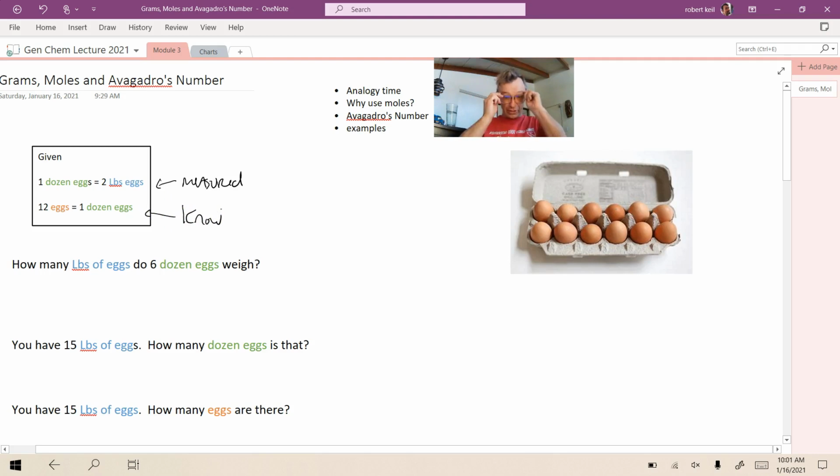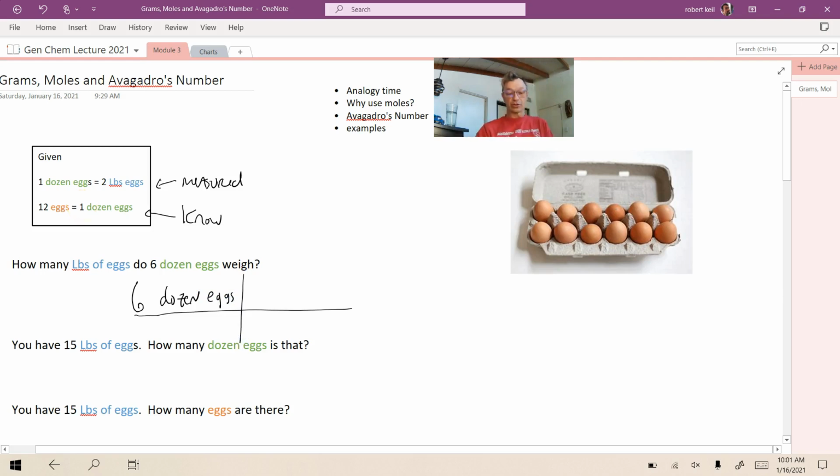So if I asked you to do these conversions, like how many pounds of eggs does 6 dozen eggs weigh? You can kind of just do that in your head. But if you want to write it out in a cancellation form to kind of prove it, you can write some brackets down like that, and you can write a dozen eggs.